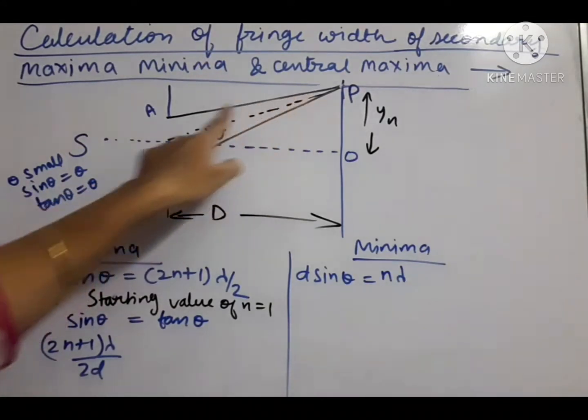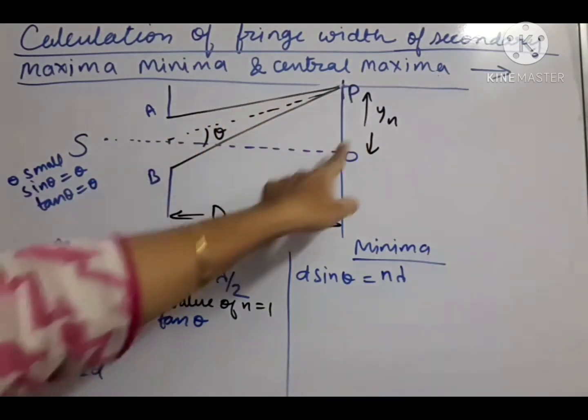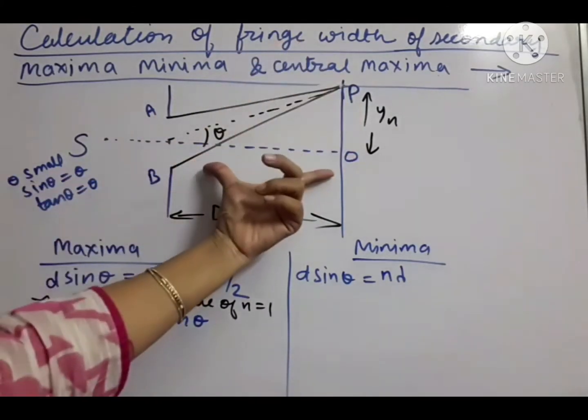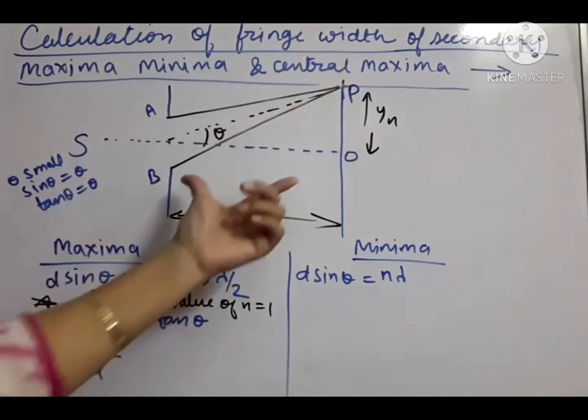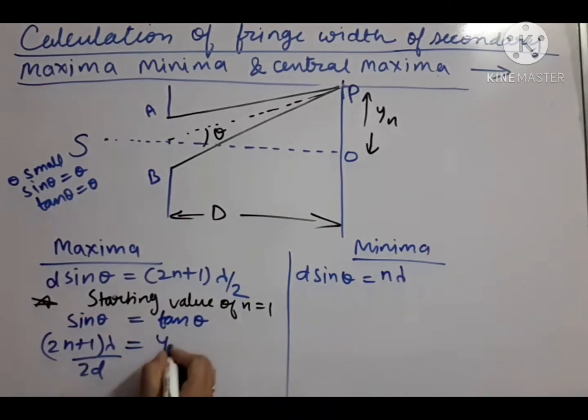So if we find tan theta from this triangle, perpendicular upon base, perpendicular is yn and base is D, this way we will get yn by D.